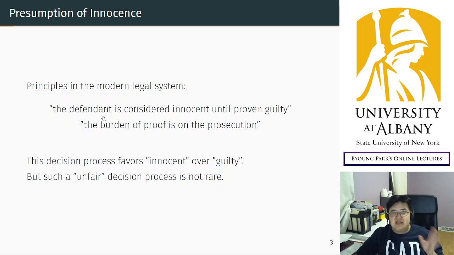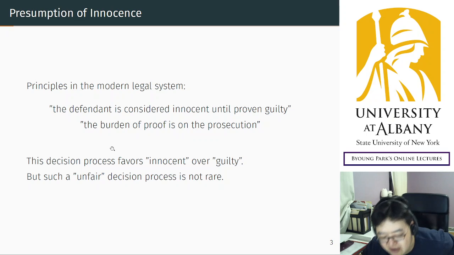Somehow this legal system, on face value, looks not fair in some sense. Innocence and guiltiness are not considered at the same level. It requires a much higher standard to say guilty, right? It's somehow unfair, but it's actually fair. But if you think about the process, the hurdle for guiltiness is much higher than the hurdle for innocence, right?